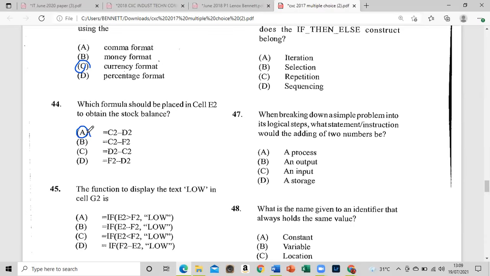Which function displays the text LOW in cell G2? So let's go back up to the diagram.